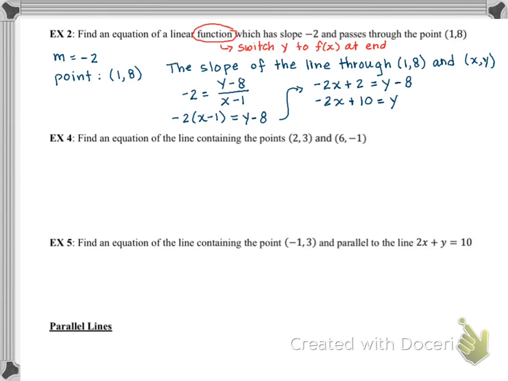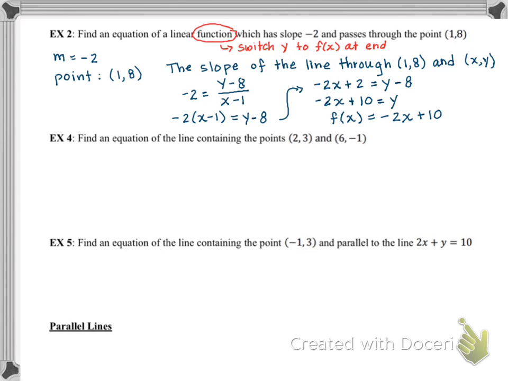Then remember, we're going to switch that y out for f of x. So instead of writing y, we're going to write f of x equals -2x plus 10.